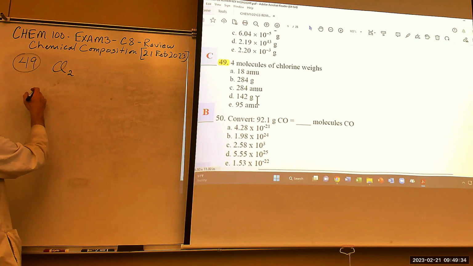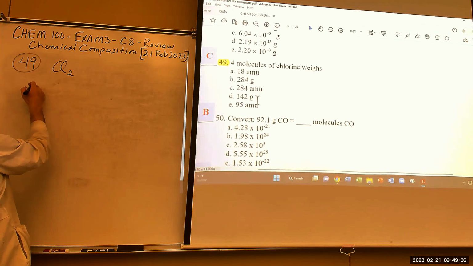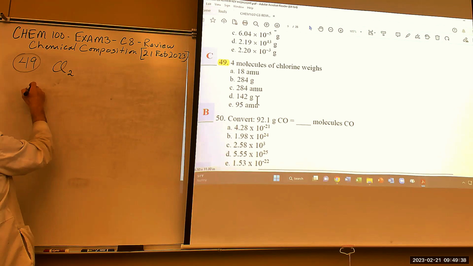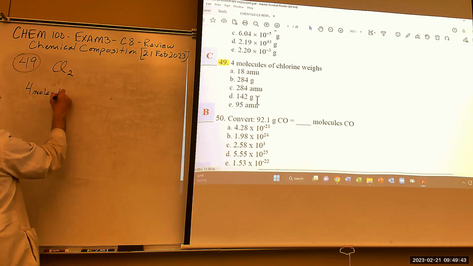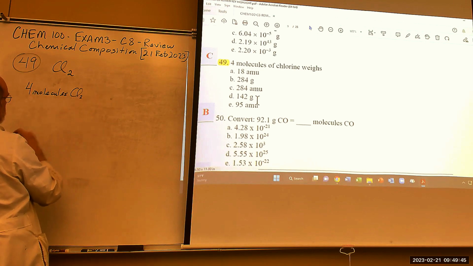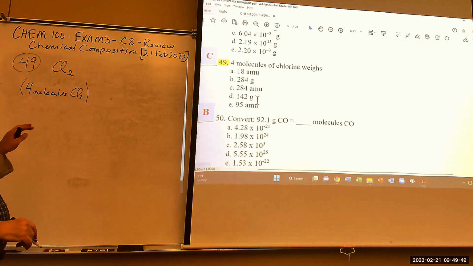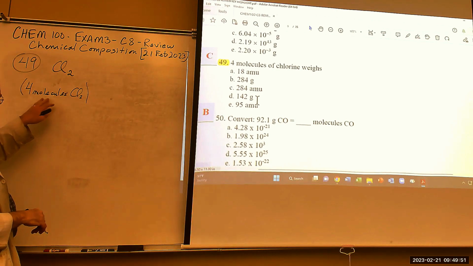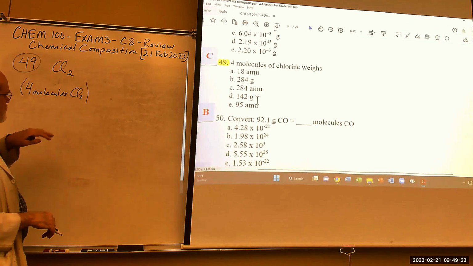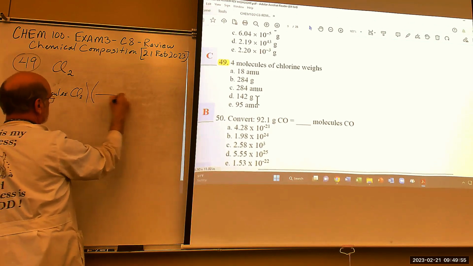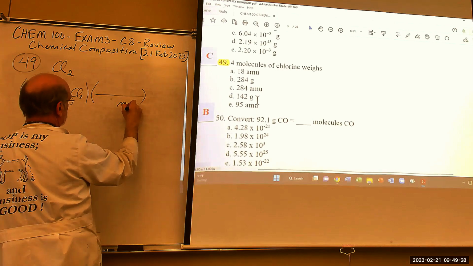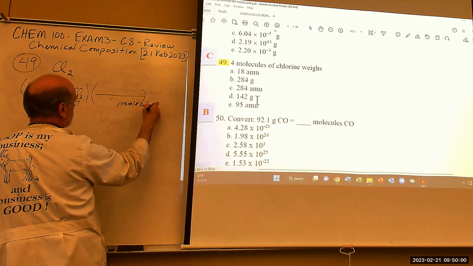So, 4 molecules of that. What does it weigh? Well, 4 molecules would be how many atoms? I'm going to do this longhand.